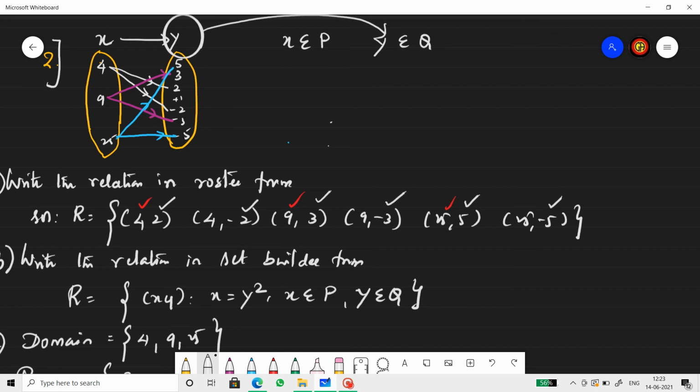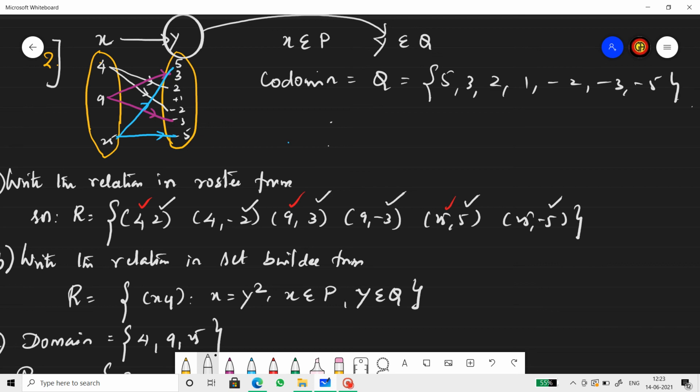Range is 5, minus 5, 2, minus 2, 3, minus 3, whereas codomain is equal to set Q, which is 5, 3, 2, 1, minus 2, minus 3 and minus 5.